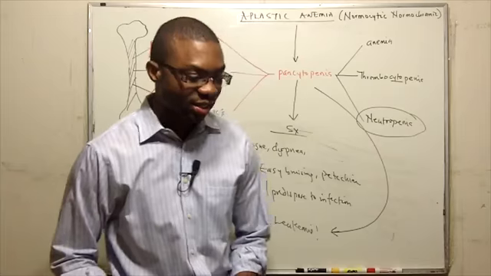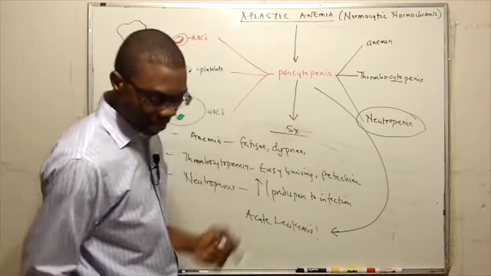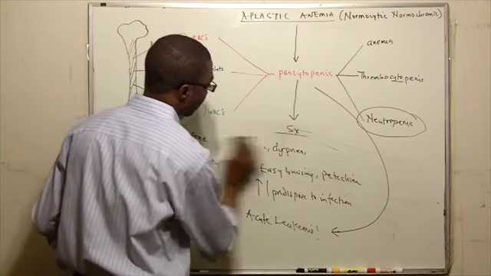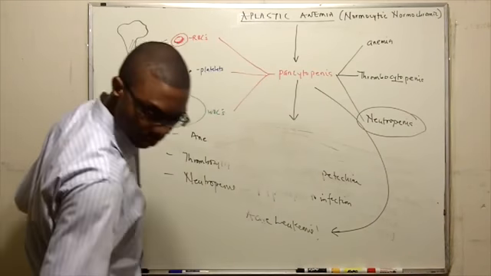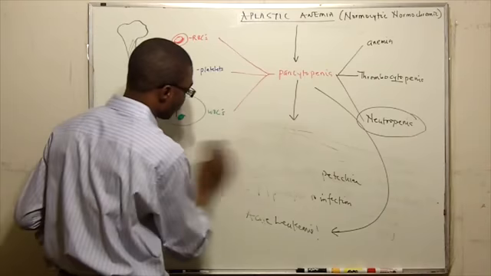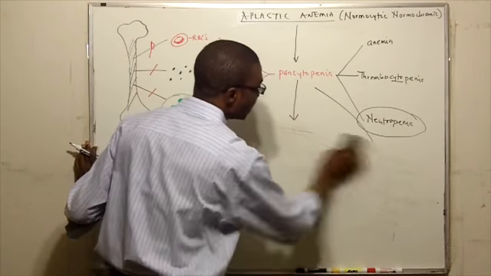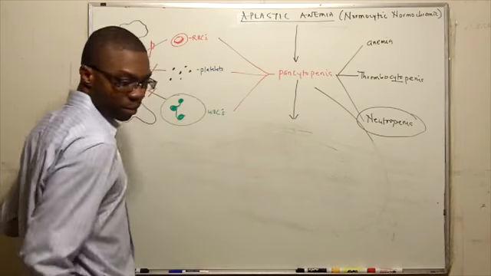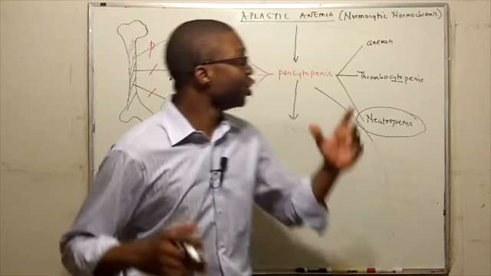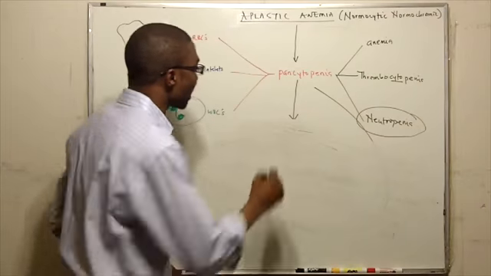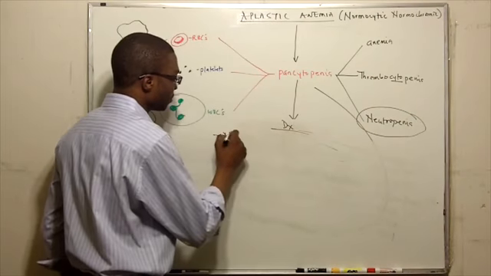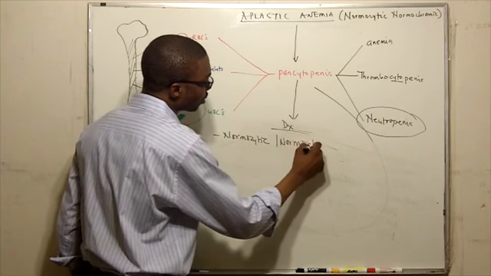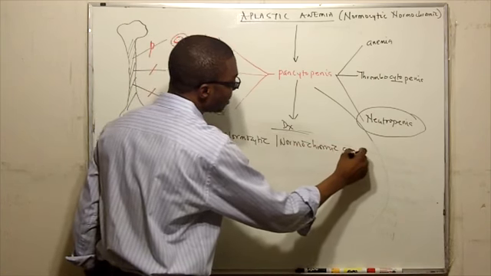So how do we make the diagnosis of aplastic anemia? Well, they're going to have normocytic and normochromic anemia.